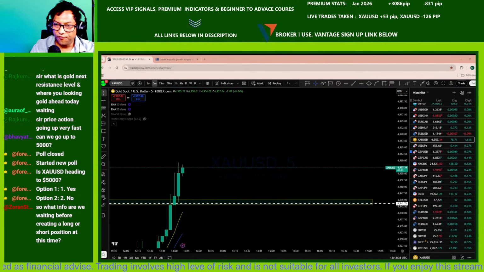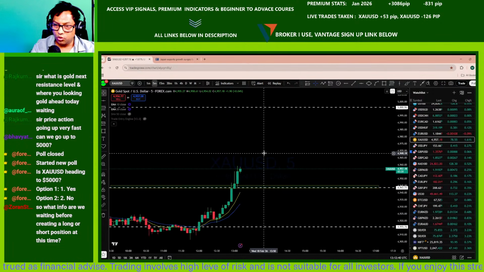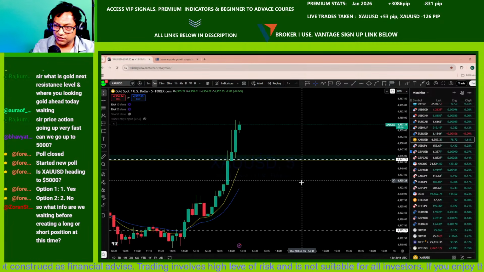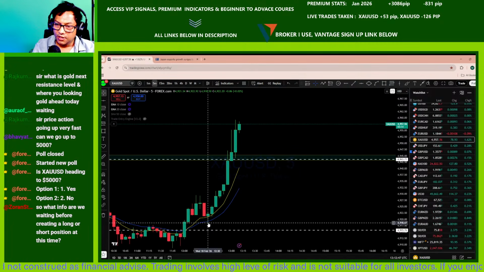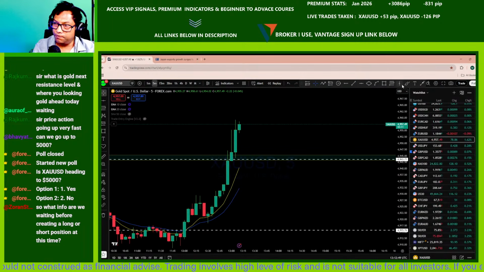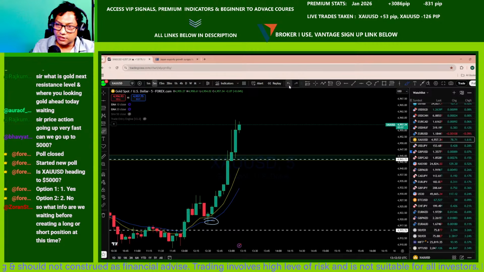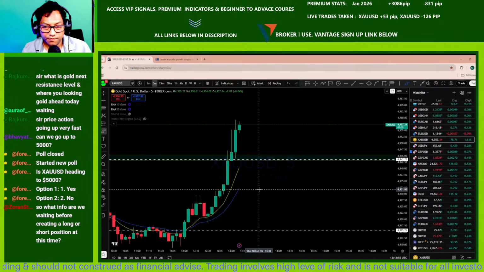So we are waiting for a false breakout candlestick pattern. If you look at this 5 minute price section, starting off from this point, every candlestick is a green candle at first.